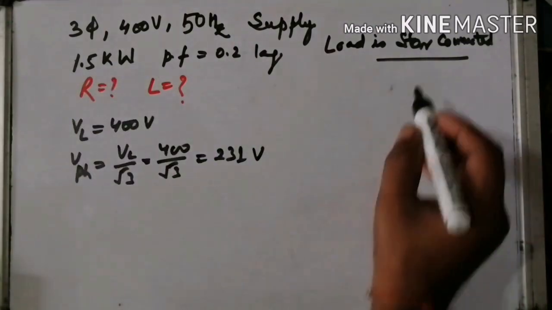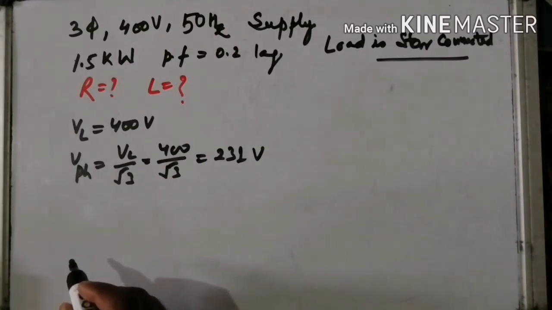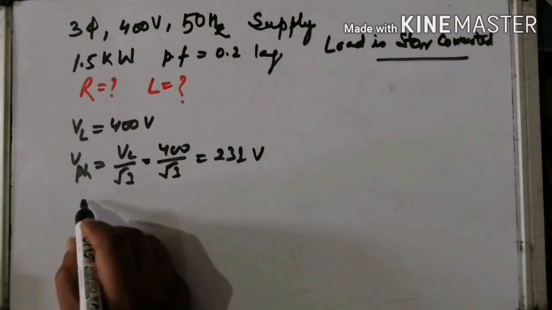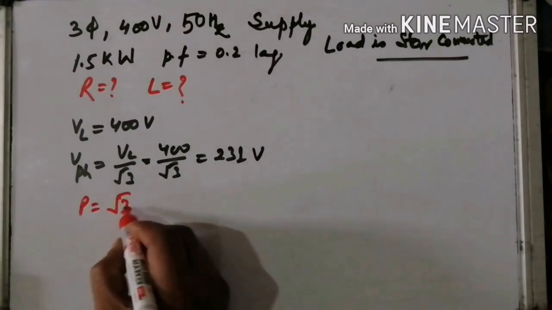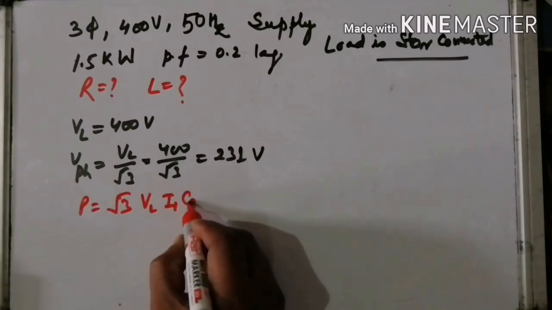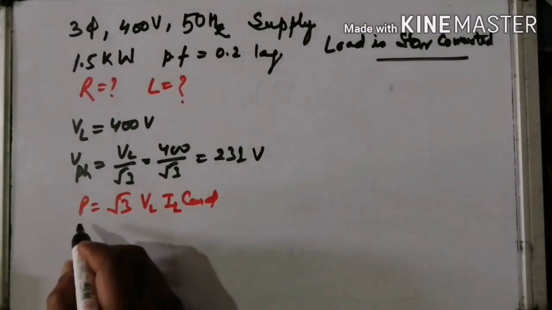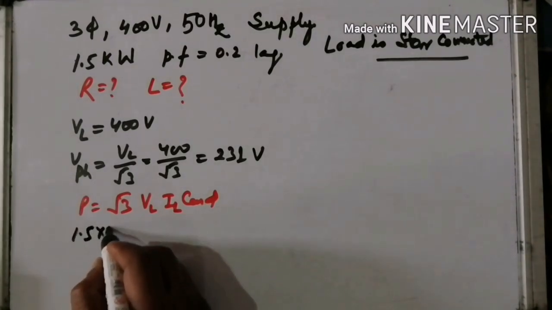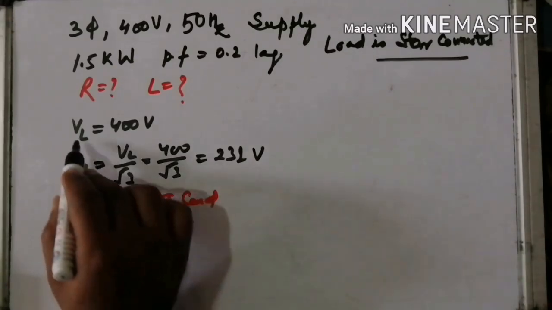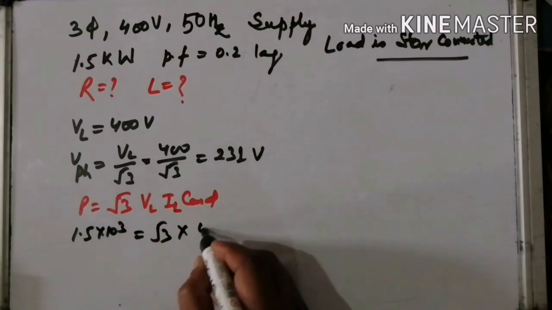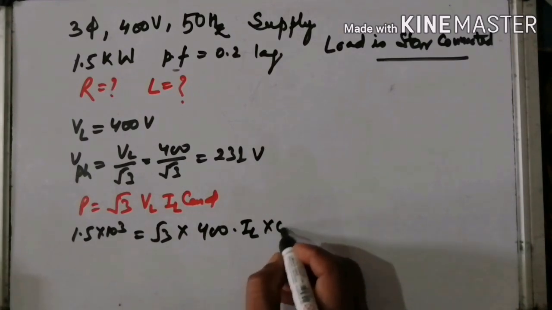The power which is consumed by the load is 1.5 kilowatt. The formula for the power is P equal to root 3 VL IL cos phi. Right? So the power, that is 1.5 into 10 to the power 3, equals root 3 into 400 into IL, and the value of cos phi is 0.2.